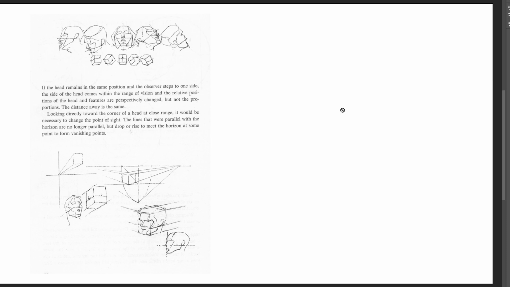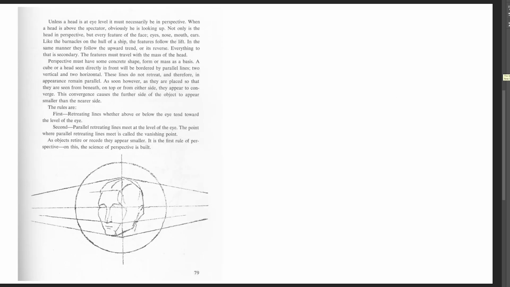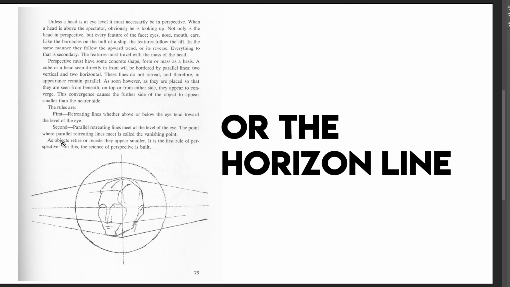This chapter is written in kind of an old language, so some of the concepts or some of the tools that he uses are described a little bit differently than what we label them now, but they're the same set of tools. So he's created here a couple rules for us to follow. First, retreating lines, whether above or below the eye, tend toward the level of the eye.